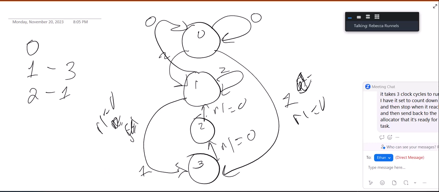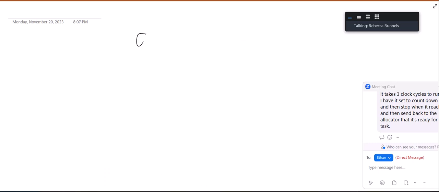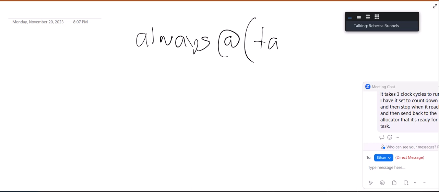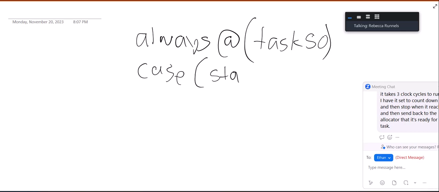Yes. And so the way I implemented this in Verilog was exactly the way you implemented your Verilog in Lab 9. You'll have one always block. So I had an always block, always at task station 0, and then I had a case based on my state.